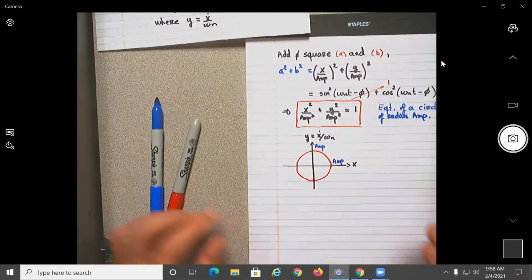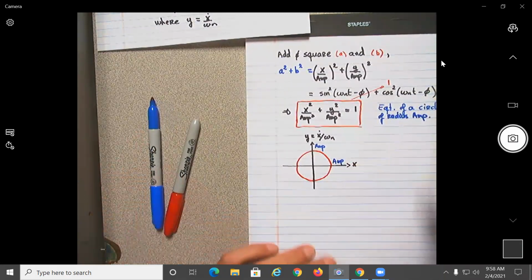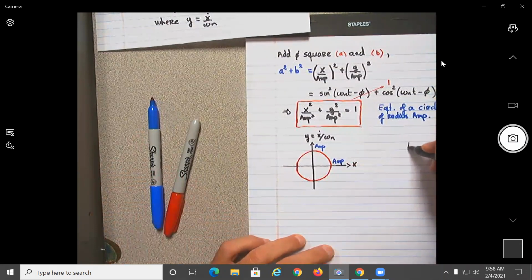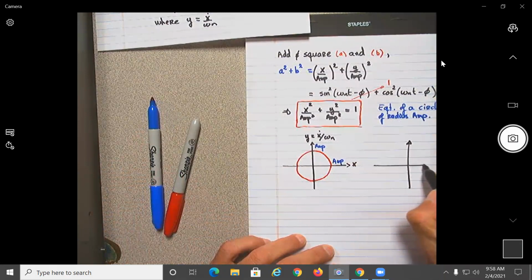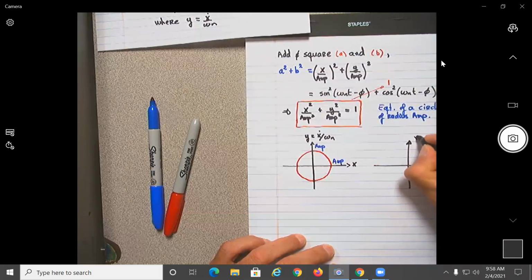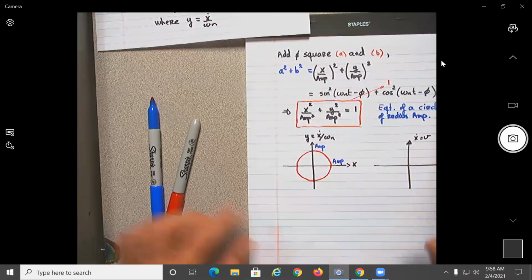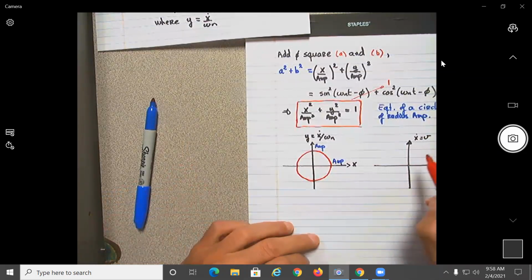Okay, so this is a perfect circle, but if you plot instead x over only the velocity, x dot, instead of getting a circle, we just get some type of an ellipse.